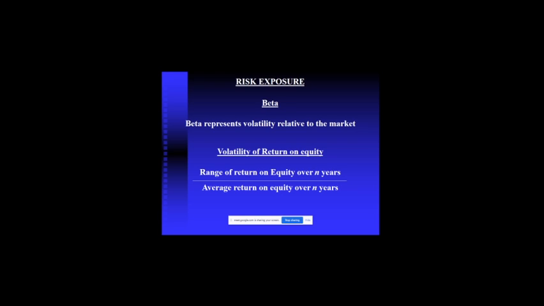So the market term represents exactly right. It represents the stock market, and if you want to find out the price movement of the market, you have to take a barometer. That could be your Sensex, Nifty, then Bank Nifty or whatever.